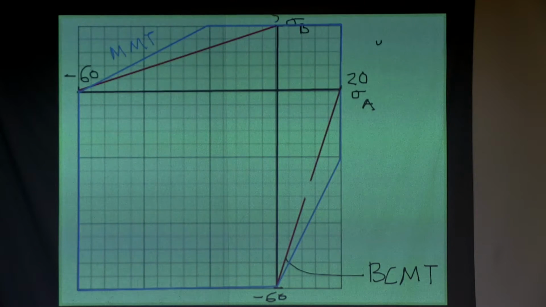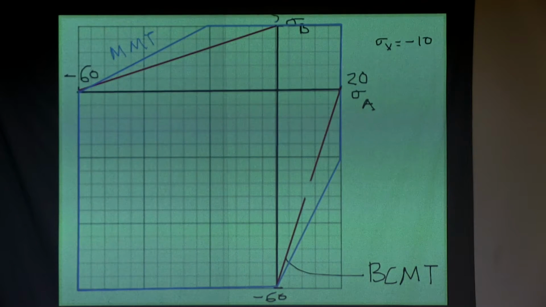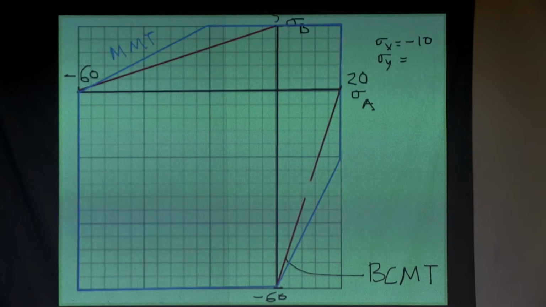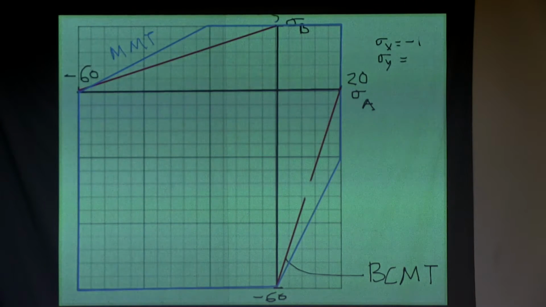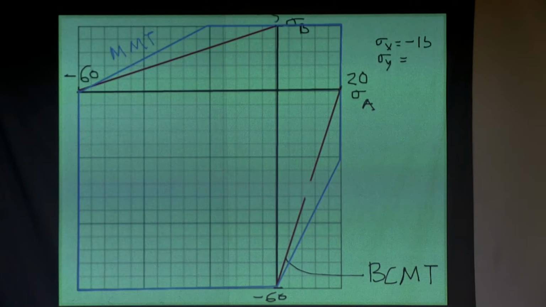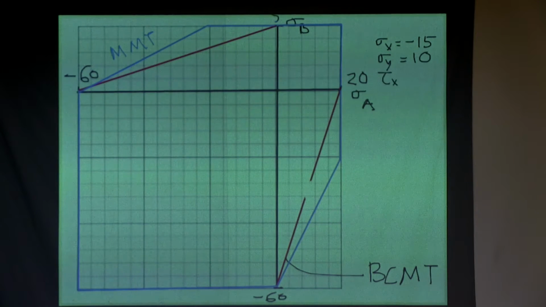Sigma x is, again, skipping the units, negative 15. Sigma y is positive 10, and tau xy is negative 15 as well.